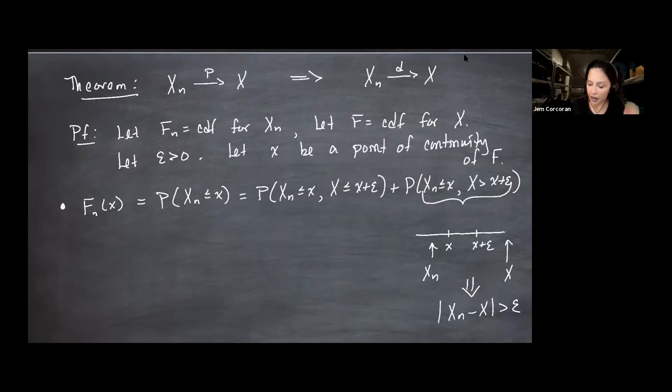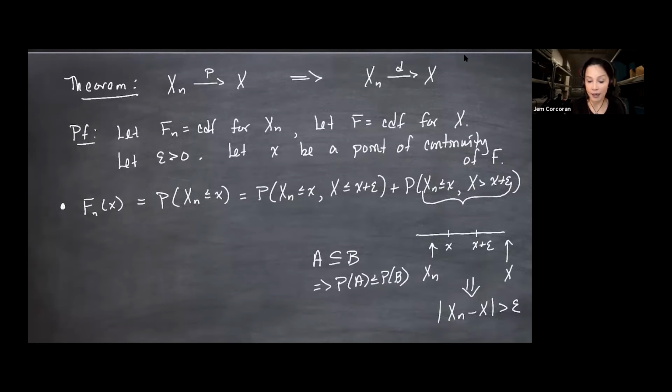So right now I'm going to erase this because I don't have a lot of space, but I've got an A contained in B, and that means that the probability of A is less than or equal to the probability of B. So if you want to write that out, you can say let A be the event that Xn is less than or equal to x and X is greater than x plus epsilon. Let B be the event that absolute Xn minus X is greater than epsilon.